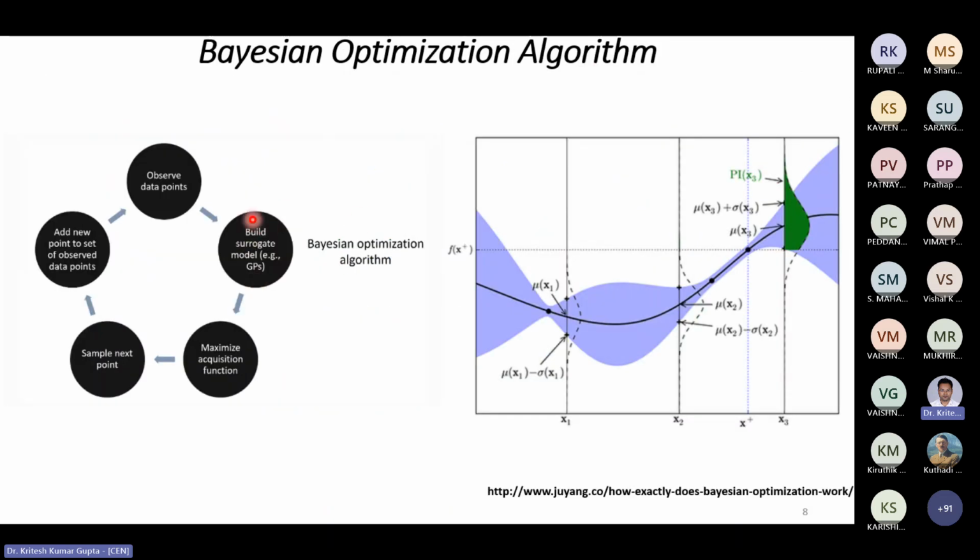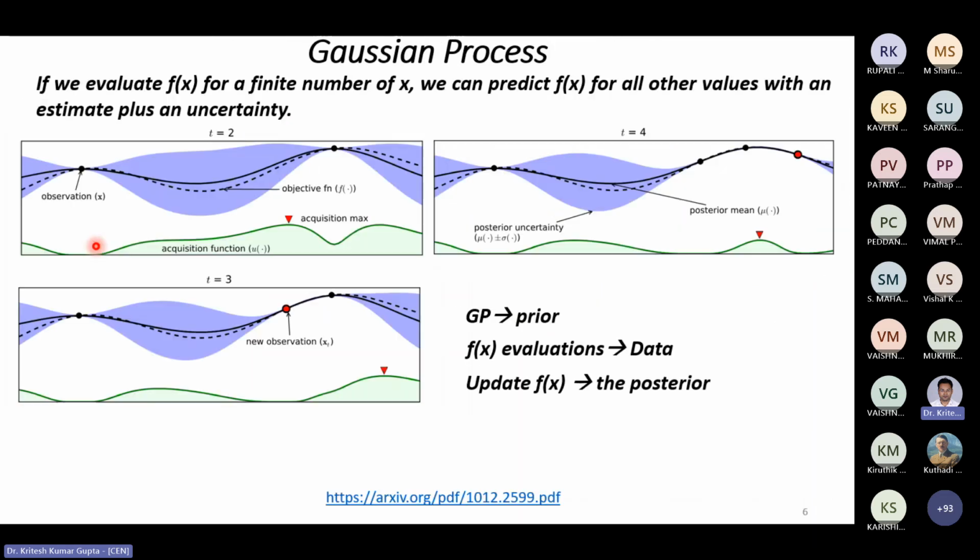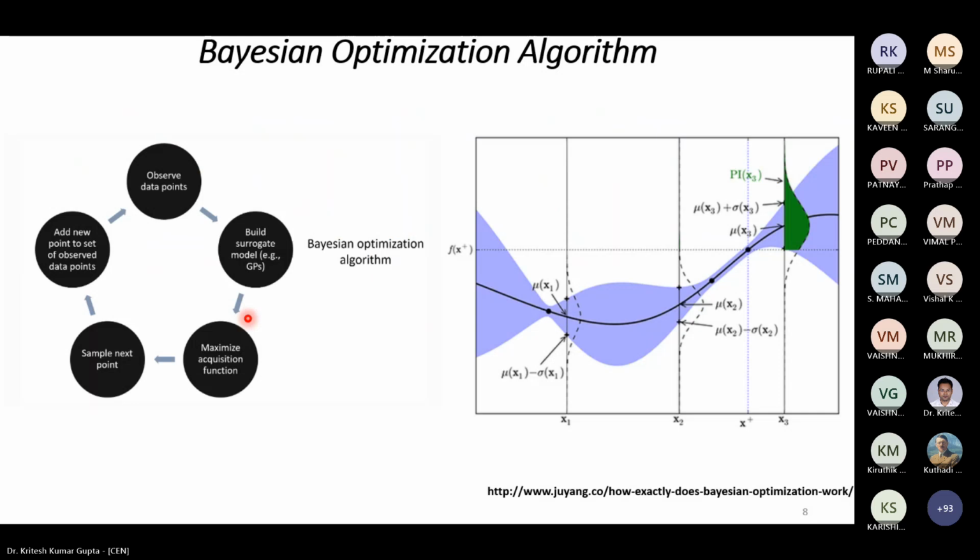Now, by using this surrogate model, or Gaussian process, we will further maximize the acquisition function. As we have seen, the domain where the acquisition function was maximum gives us the idea that in that domain, we will explore for more points. That's what has been done. Sample the next point. Okay. Add the new point to the set of observed points. Now when we add the new point to the observed points, what have we observed?